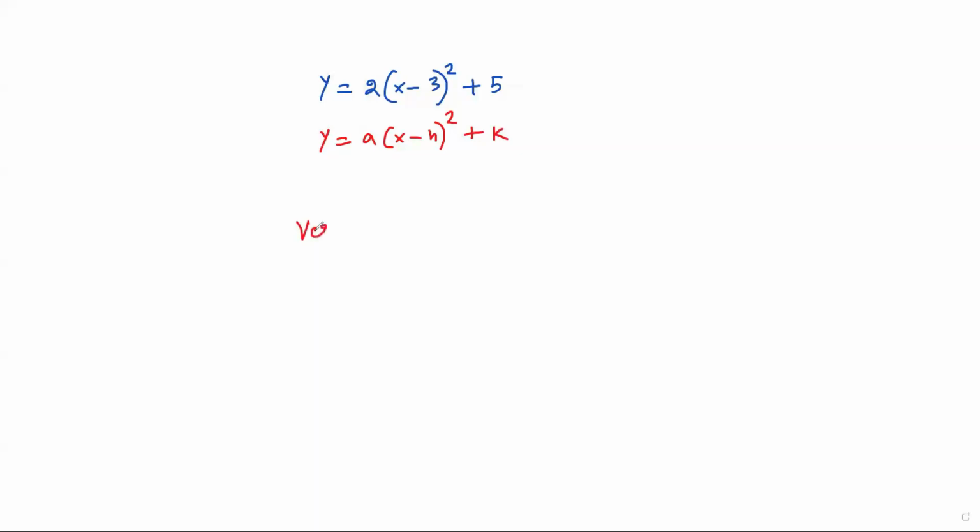Already we know that the vertex is (h, k). So in the given quadratic function, what value do you have at the position of h? That's 3. What value do we have at the position of k? That's 5. So the vertex of the given quadratic function is (3, 5).